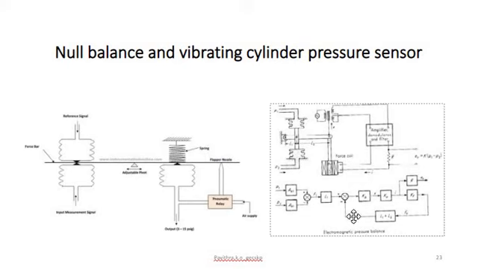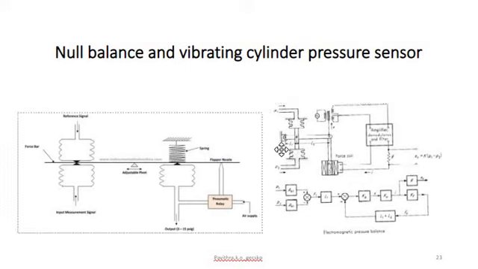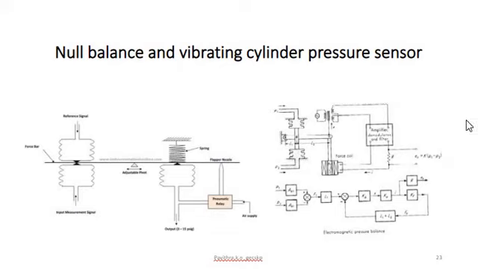So next one, here you can see one other type of vibrating cylinder or null balance type pressure sensor, which is the electromagnetic pressure balance. This is the figure of this system. Here you can see two bellows from the upside and the bottom side, and a magnetic system here.